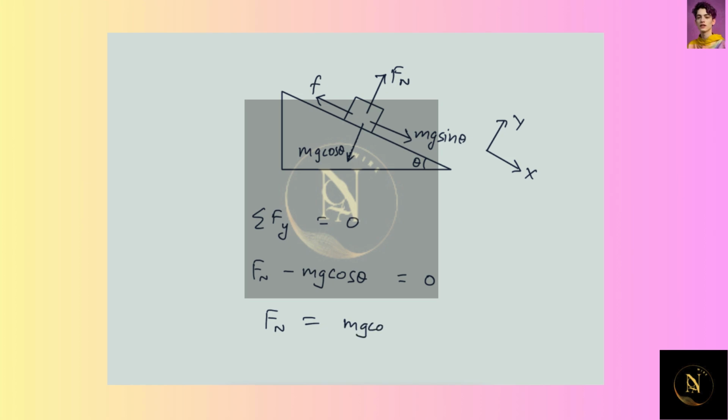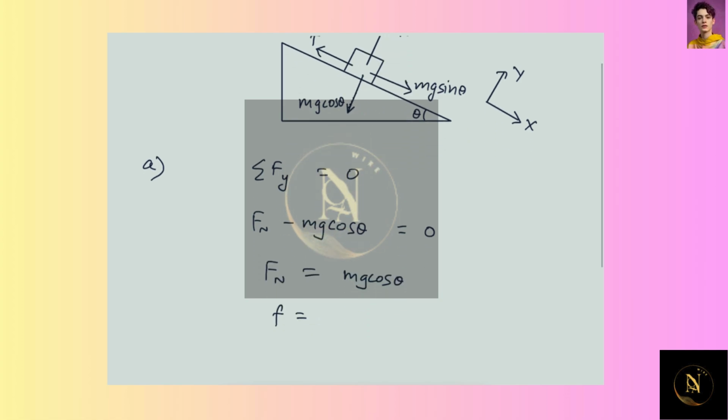So normal force is mg cos theta. Now friction force is equal to coefficient of friction times normal force, so this is mu mg cos theta.